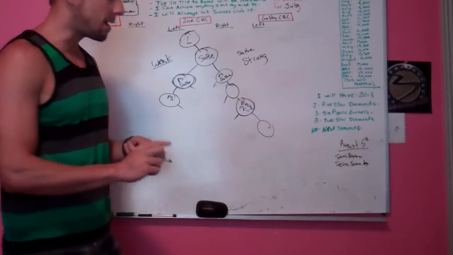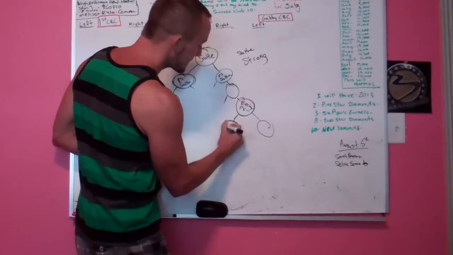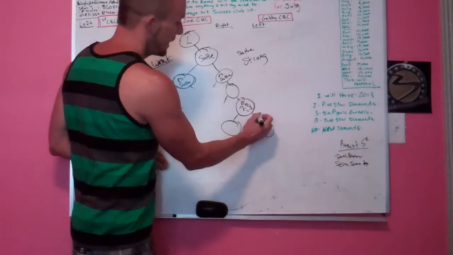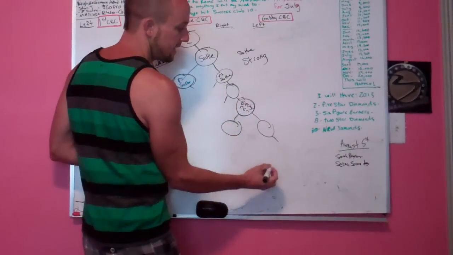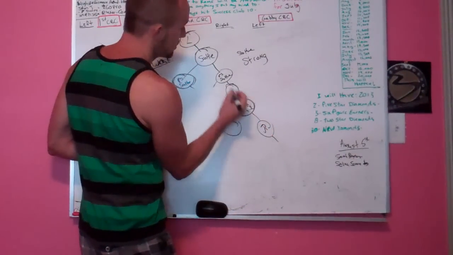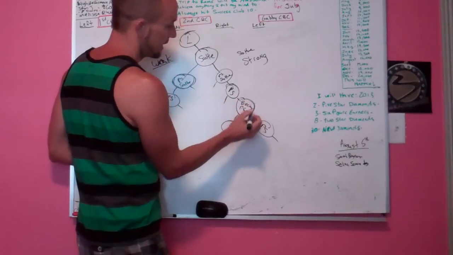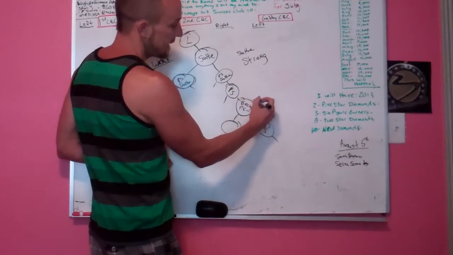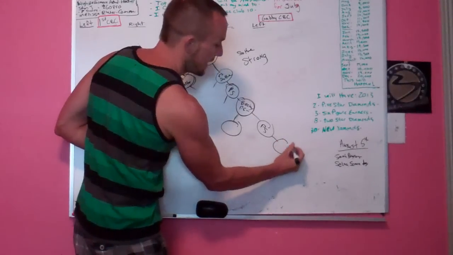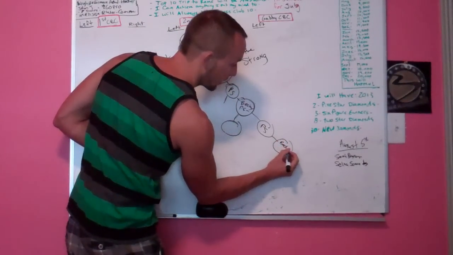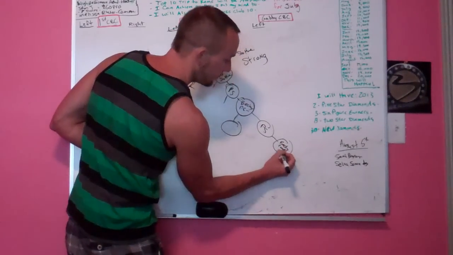So for Becky to become emerald, Becky has to sponsor a coach on her left, and she has to sponsor a coach on her right. Let's say these are my coaches, Becky's my coach. So Becky has to sponsor a coach on her right, so Becky's coach.